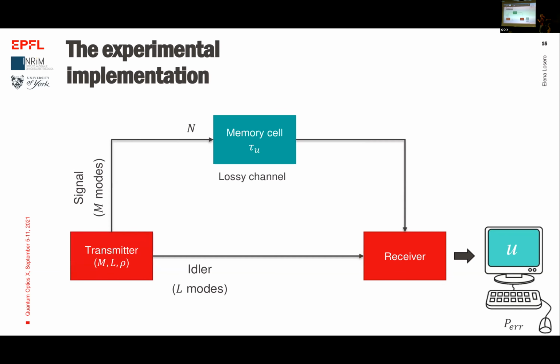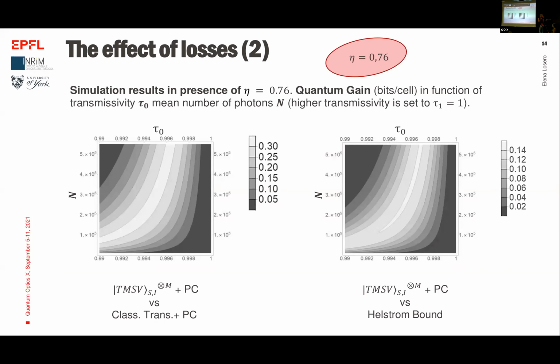So if you have tau0 and tau1 which are very different from each other, shot noise is basically not a problem, and therefore it is almost useless to use quantum resources. The fact that tau0 is so close to 1 is due to the fact that it is when the two values are very close that shot noise becomes important and therefore limits your classical distinguishability between the two levels.